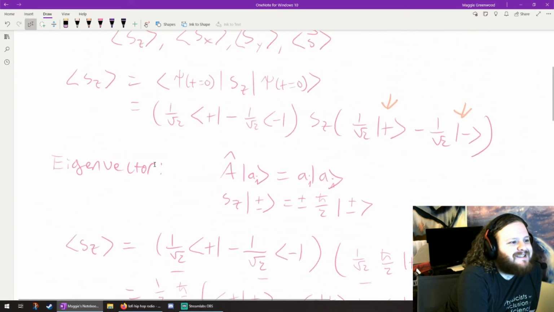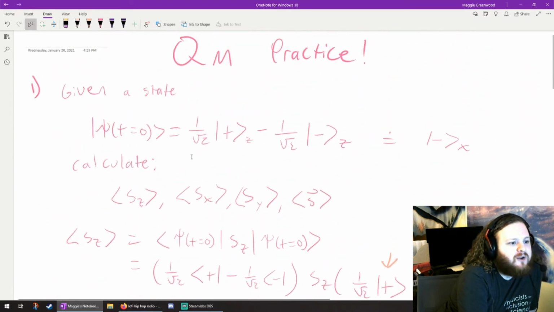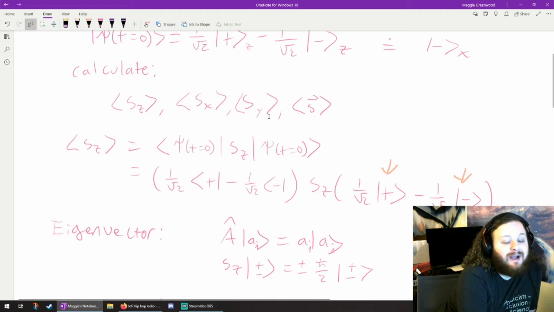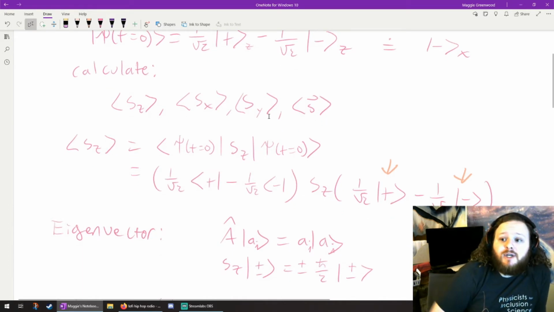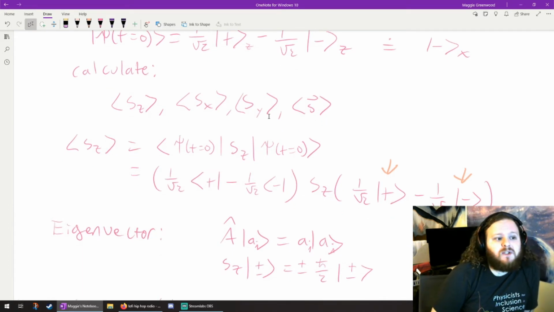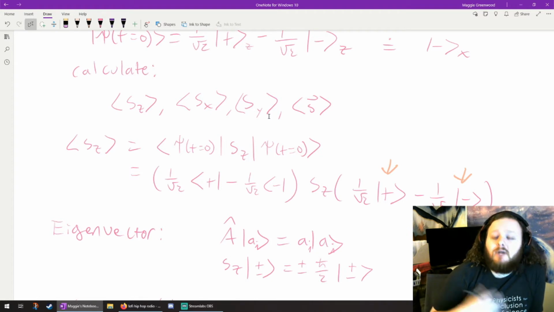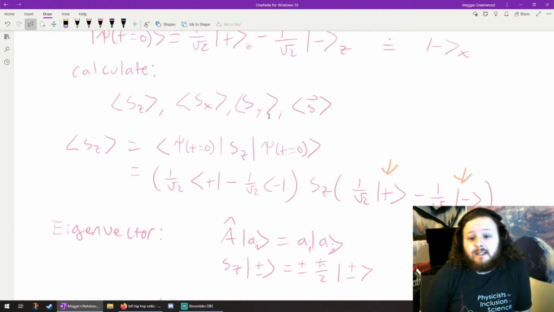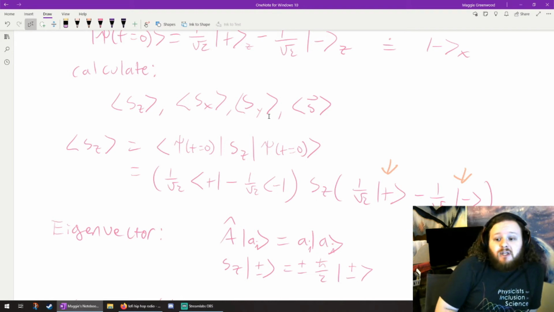Okay. So what have we done so far? Well, we took our initial state and we calculated a couple expectation values. And we used the information about these expectation values to know something about a geometric representation of the angular momentum of a quantum system, which is something you do a lot with more complicated quantum systems, like the hydrogen atom.